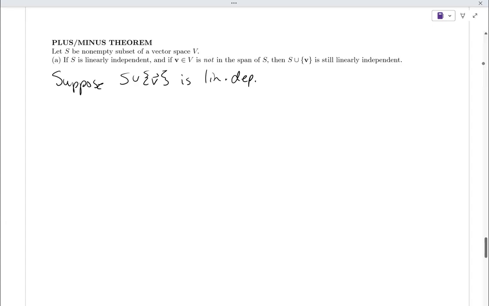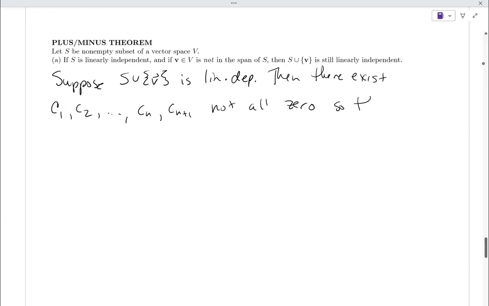So if it's linearly dependent, then there exist c1, c2, through c(n+1), not all 0, and I'm going to assume my S is full of a bunch of W vectors.